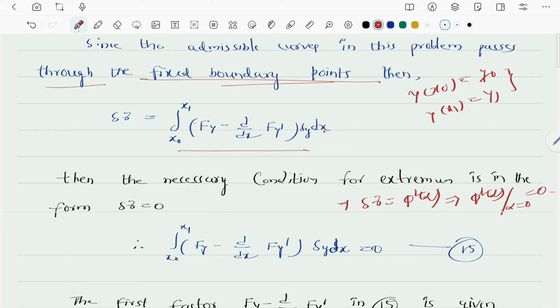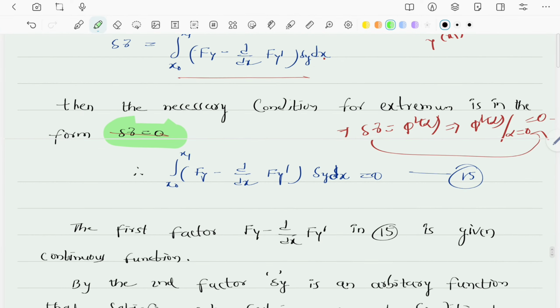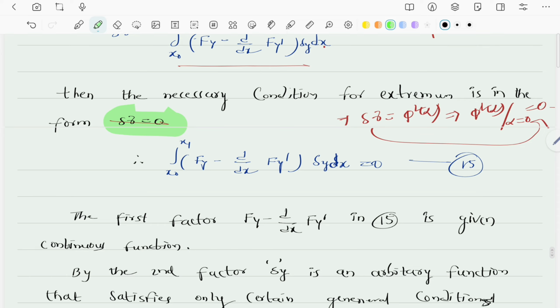Therefore delta gamma is equal to 0, and here we get the integral from x0 to x1 of fy minus d by dx of fy dash, times delta y into dx, equal to 0. Let this be equation 15.